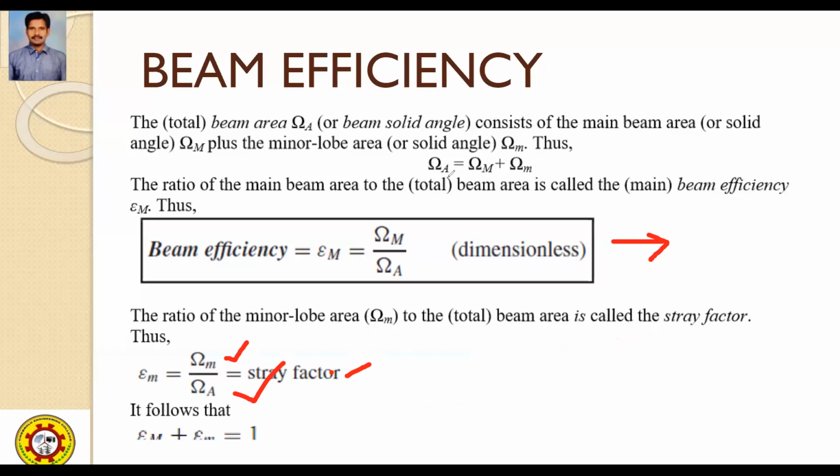So by using these three definitions, for problems we conclude that the summation of beam efficiency plus stray factor equals unity. For competitive examinations in this topic, epsilon m plus epsilon small m equals unity, or 1.